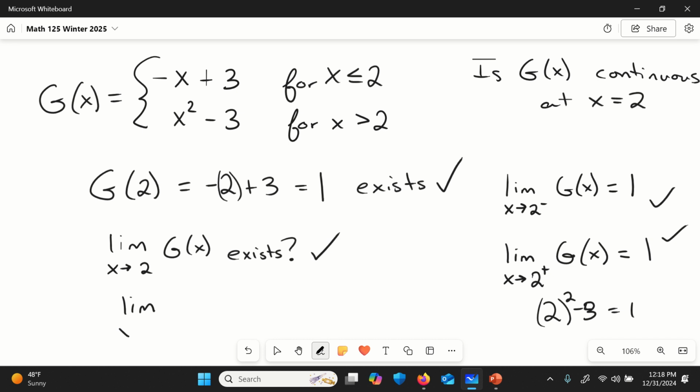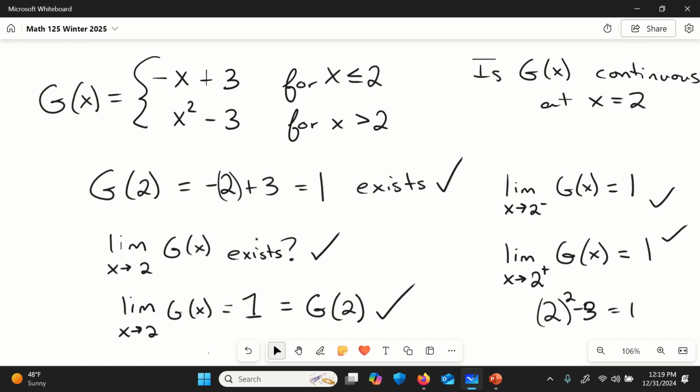And the last property is that the limit as x goes to 2 on the function, which we now know is equal to 1, needs to be equal to the value we would get from just plugging the number 2 into the function. And indeed it is. We got 1 for that in the very first check. So yes, this function is continuous at x equals 2.